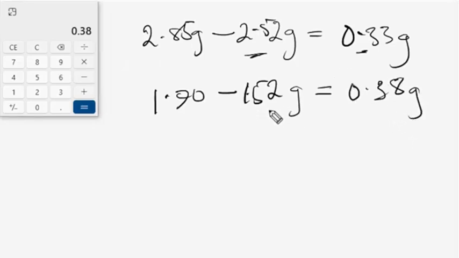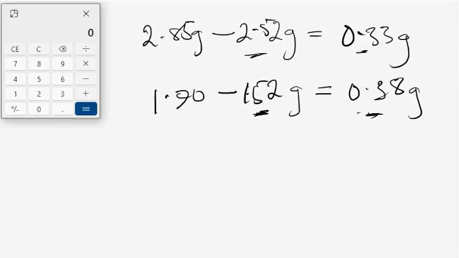It means that the mass of copper here will be 1.52, and the mass of the oxide here will be 0.38.